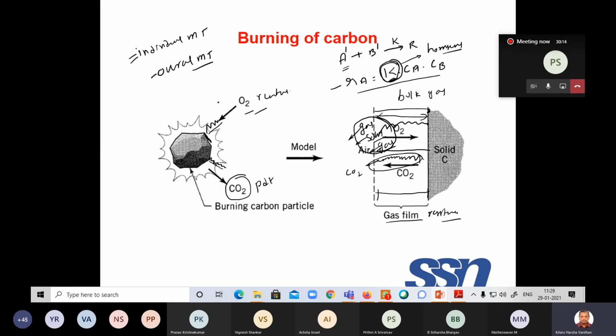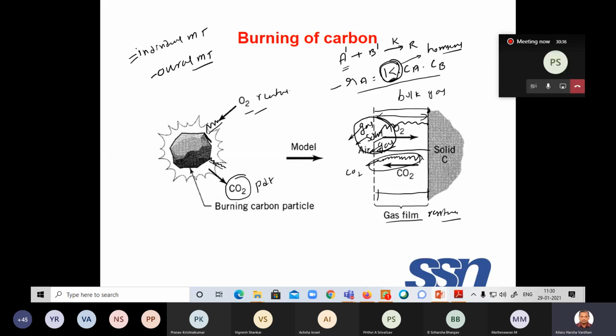Let us go to the next slide. I think some of you will have a lot of questions; please hold for some time. Now we will do a derivation. For a homogeneous reaction, you can write k like this. But for a heterogeneous reaction, when there is a change of phases, you cannot write k like this.